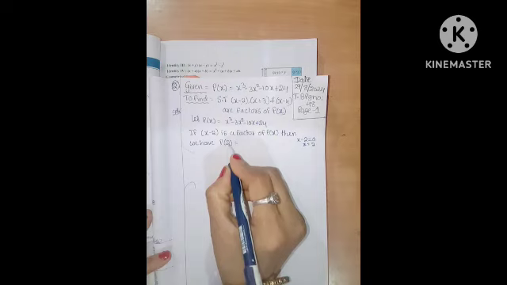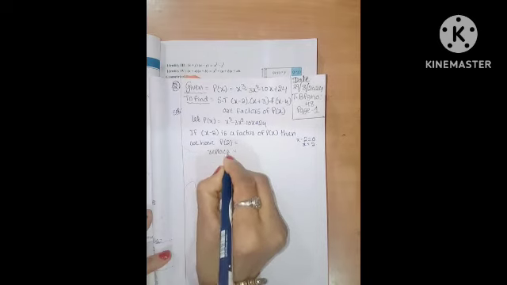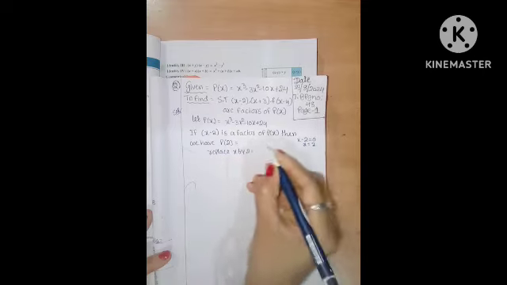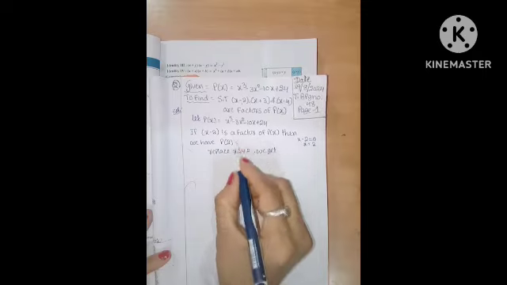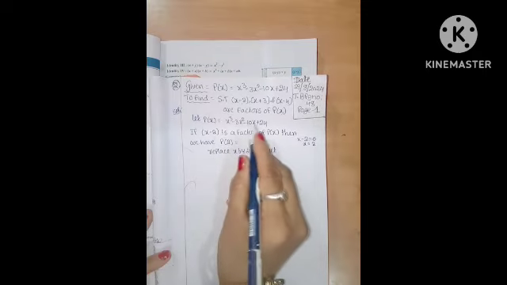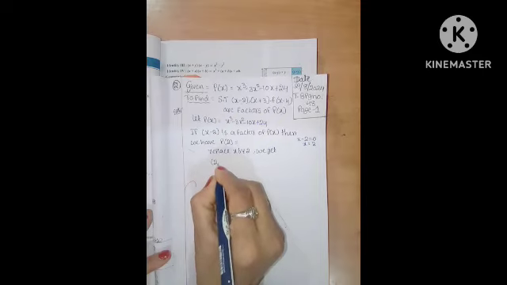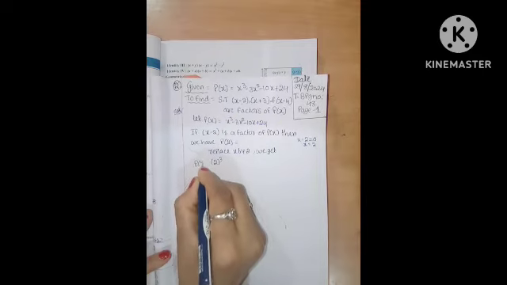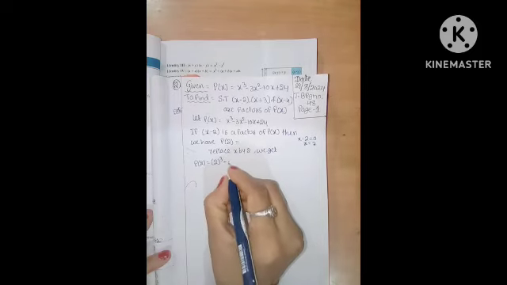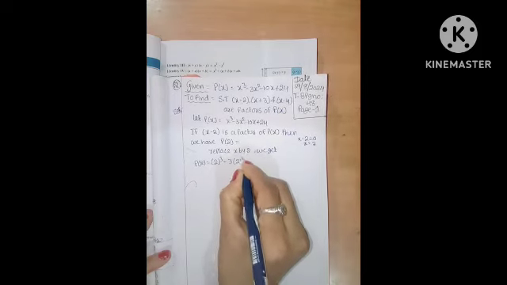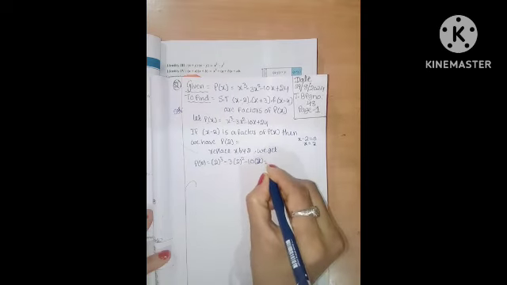First, replace x by 2. We write 2 in place of x in the above polynomial p of x. So p of 2 equals 2 cube minus 3 into 2 square minus 10 into 2 plus 24.